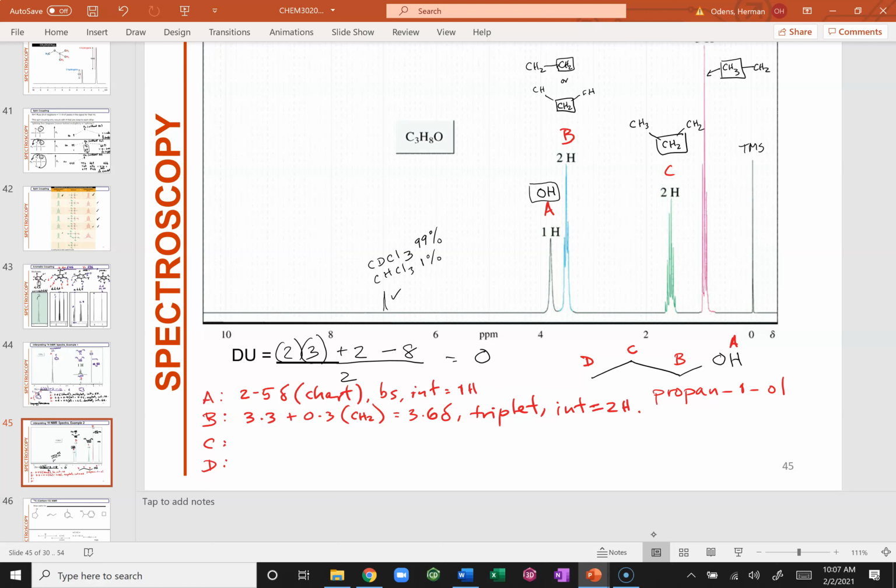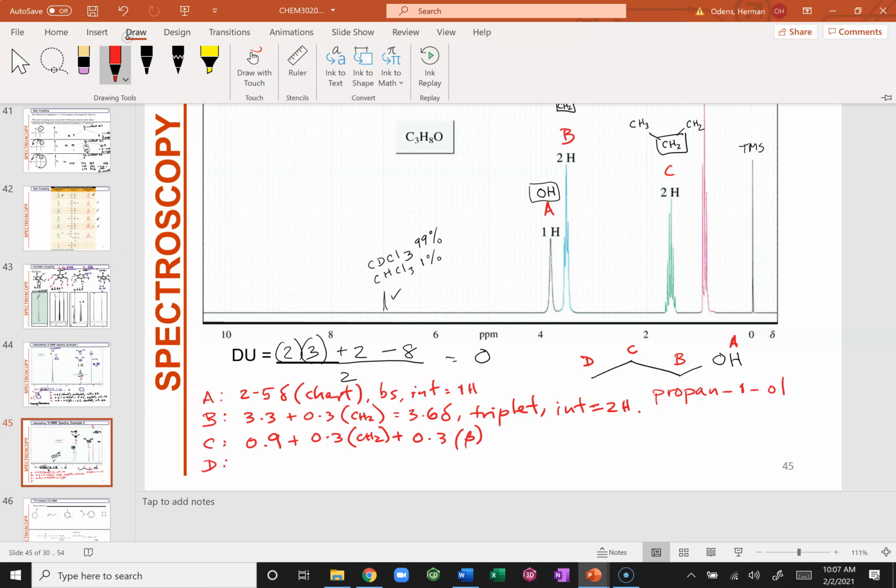Then C is the most interesting signal here. It starts at a 0.9 because it's carbon to carbons, surrounded by carbons. So 0.9 plus 0.3 because it's a CH2, plus what? And where's the beta group? To the right or the left of it? To the right. So it's 0.3 because we have a beta group.